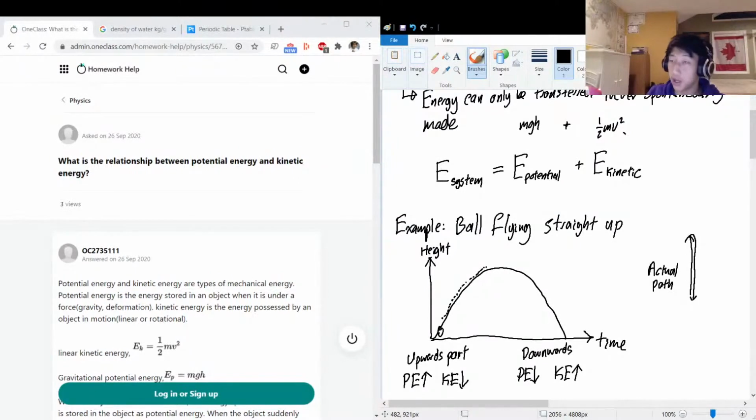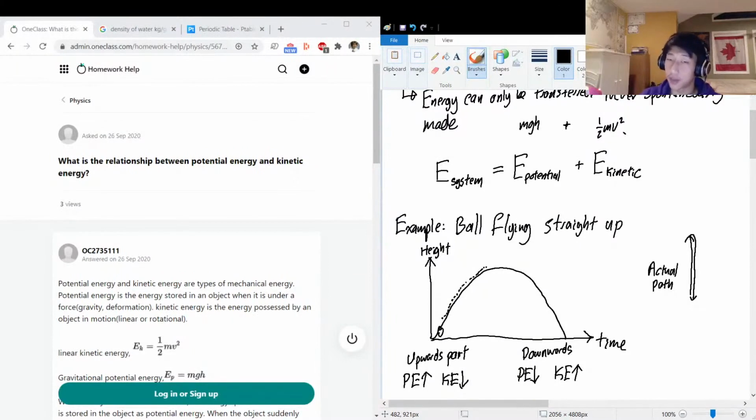Okay? But you can see, because of the constant amount of energy in this system, we can say things like, if we know at a certain height how much potential energy it has, and we know the initial amount of energy in the system, we could figure out how fast it is at that height.